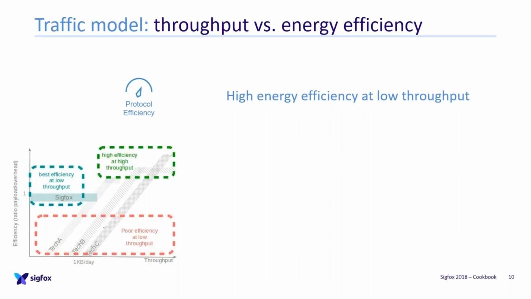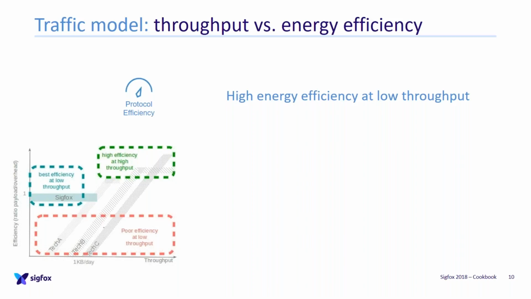Of course, other technologies, especially those who use negotiation and allocation of resources, are very different. The device pays a lot of penalty in terms of protocol overhead to initiate the communication. So there is a first phase which is consuming a lot of protocol overhead, a lot of energy, let's say, and doesn't transmit any data.